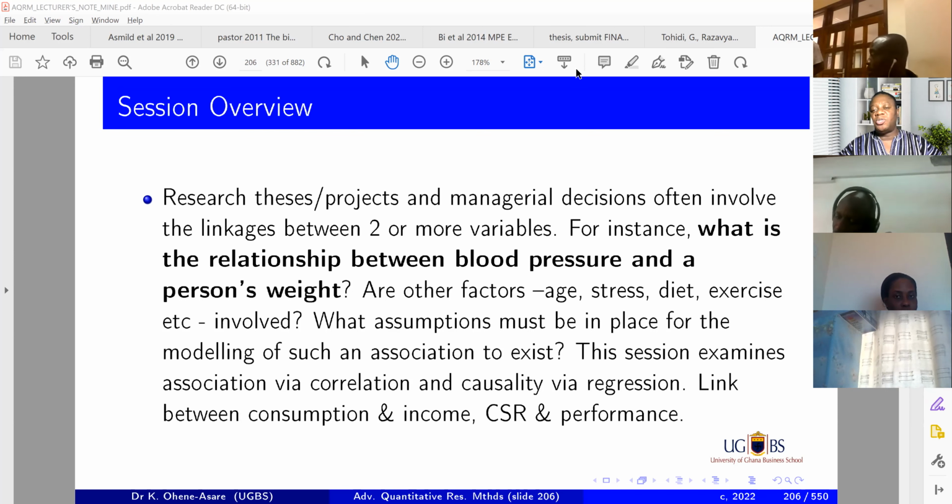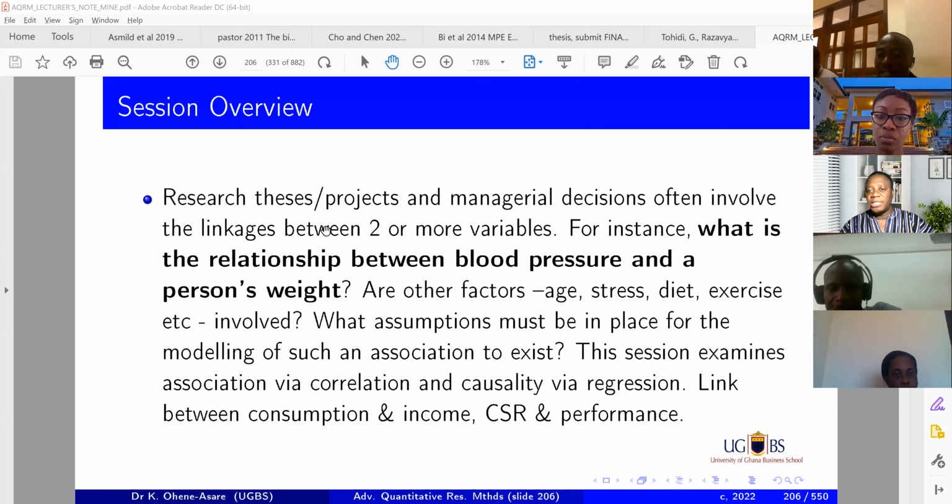What is the relationship between corporate social responsibility and financial performance? What is the relationship? Boyson, CSR and performance. It's a positive relationship.